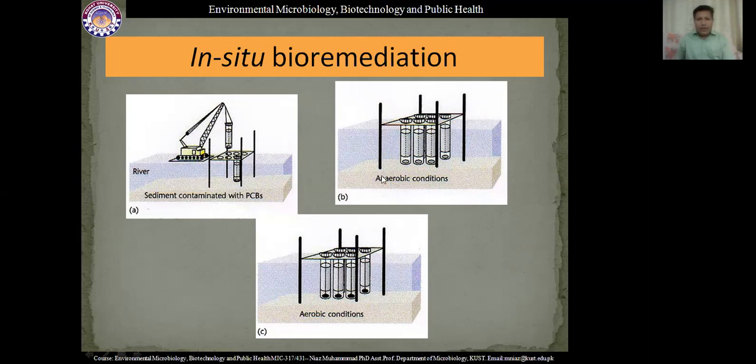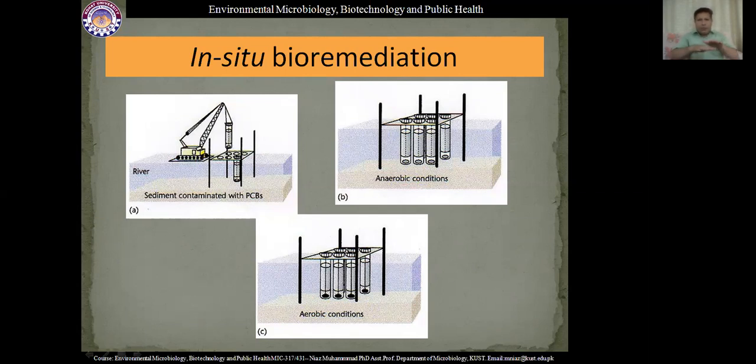If anaerobic treatment is required, we can put in certain microbial strains which can decompose and degrade the pollutant in anaerobic conditions. If it works in aerobic conditions, then we have to add aerobic microbial populations, and we have to increase the oxygen concentration at the sediment site to degrade the pollutant there.